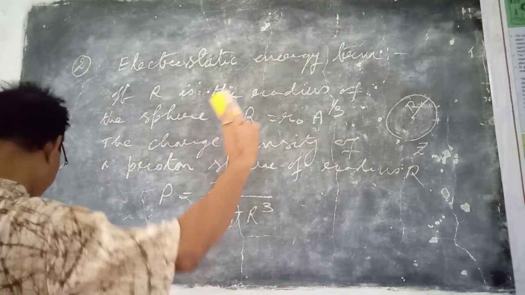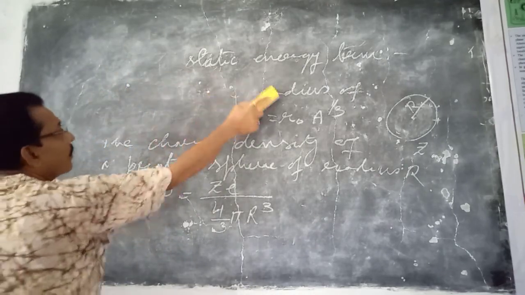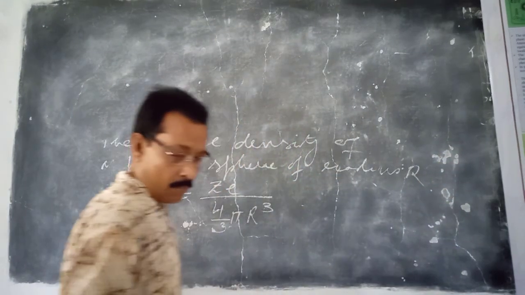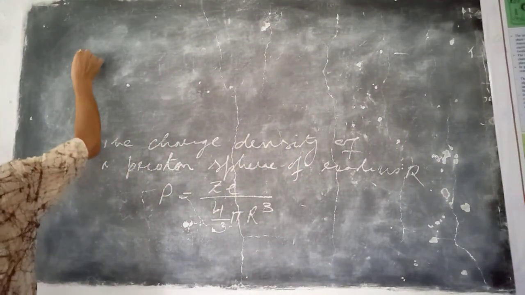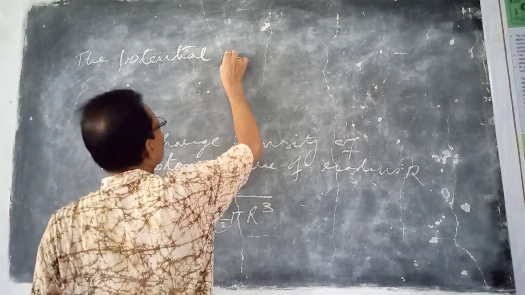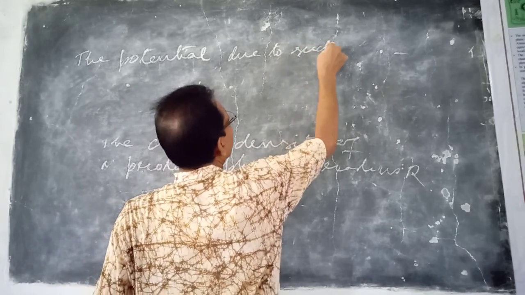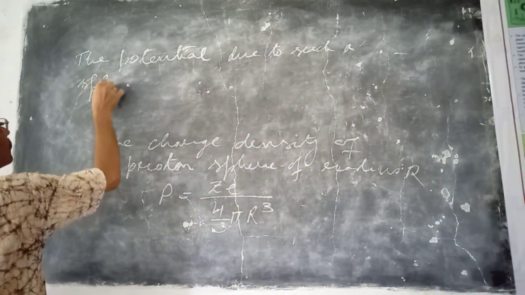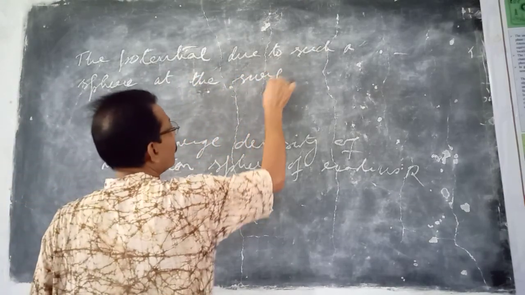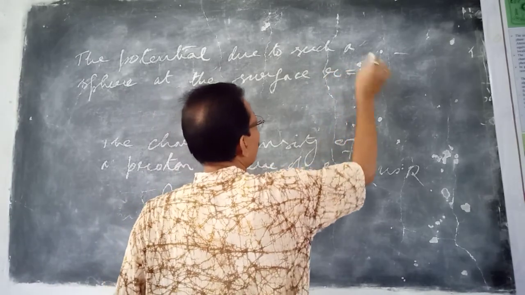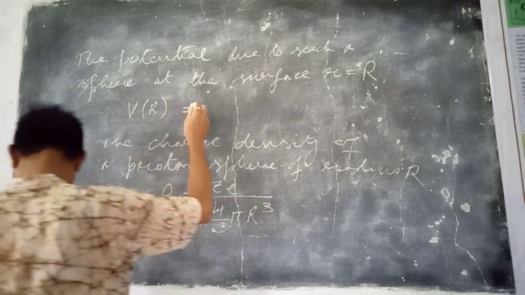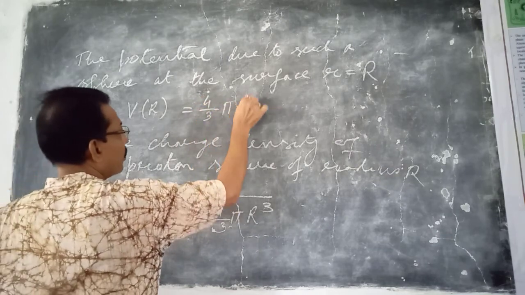Now the potential due to such a sphere at the surface, that means here at this point when small r is equal to capital R, that is V of R, is 4/3 pi rho R square.